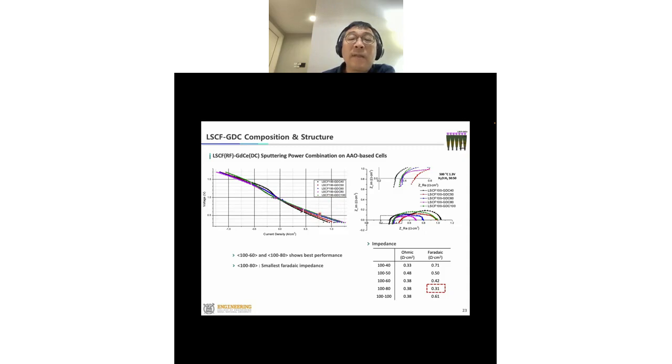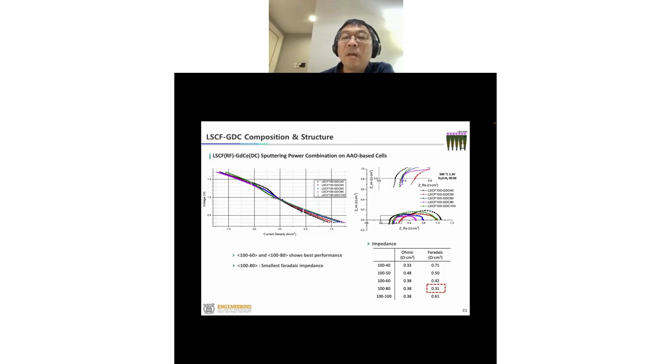There's not much difference performance-wise, but if you look at the impedance analysis of these different materials, you can somewhat notice some changes. What we are looking for here is actually the smallest catalytic resistance.